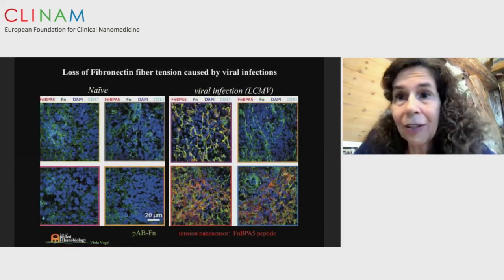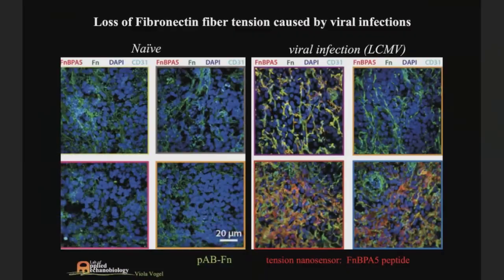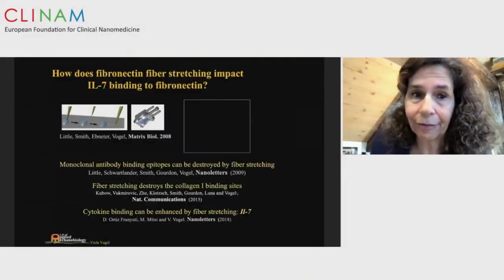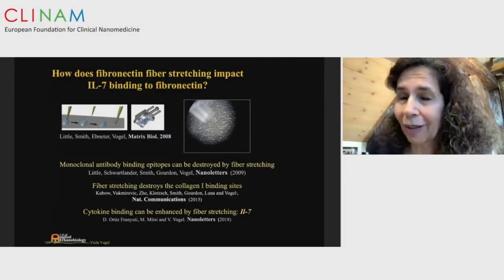If we then do high resolution imaging of the lymph nodes, we confirm that the peptide mostly binds only in virally infected lymph nodes, indicating what has been shown already in the sketch on the left side, that the virus infection tears apart the fibronectin fiber network, and therefore fibronectin is structurally relaxed and binds the peptide.